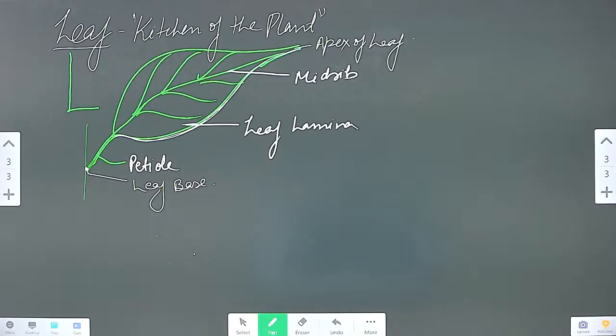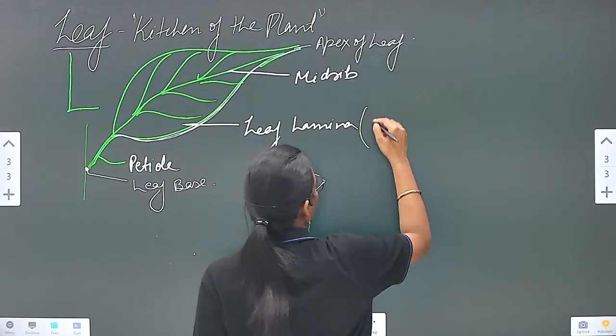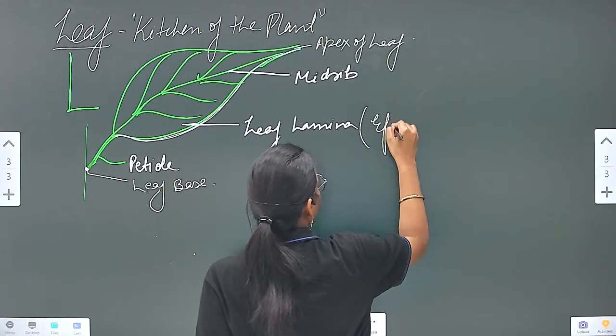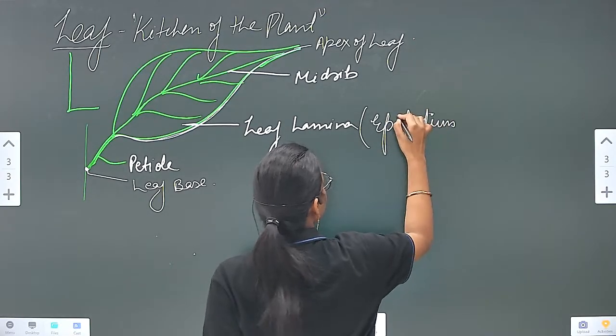Now my dear students, we have a technical term for each component of the leaf, and that is: the leaf lamina is called the epipodium. Epipodium, yes.